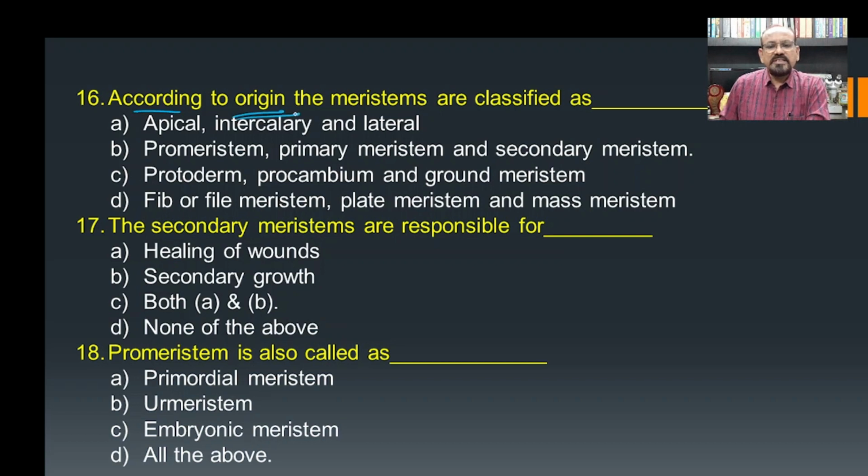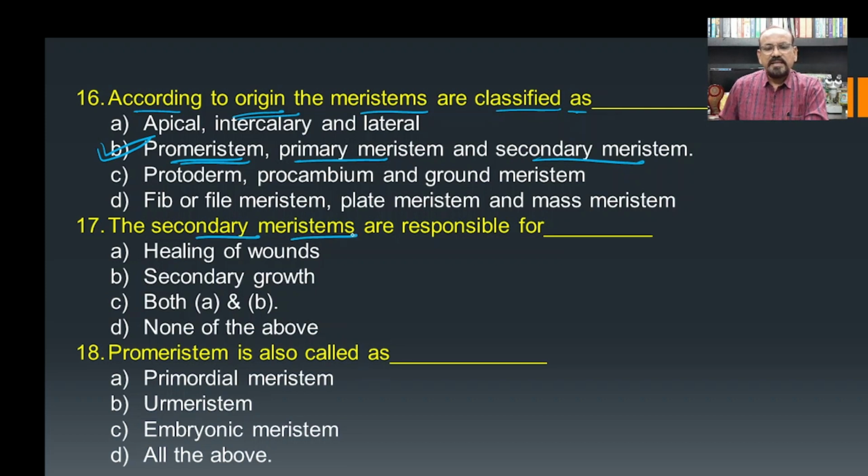According to origin, the meristems are classified as promeristem, primary meristem and secondary meristems, and hence B is the correct answer for this question.